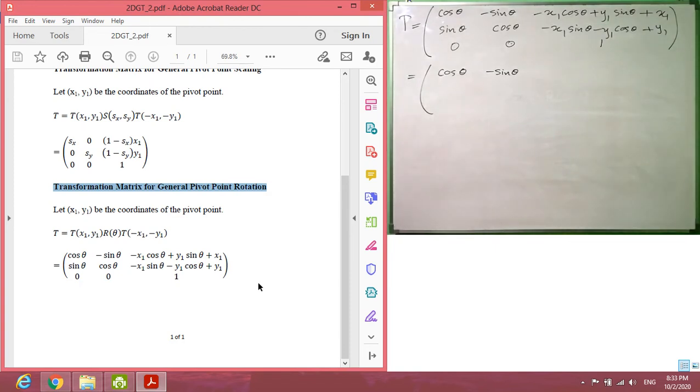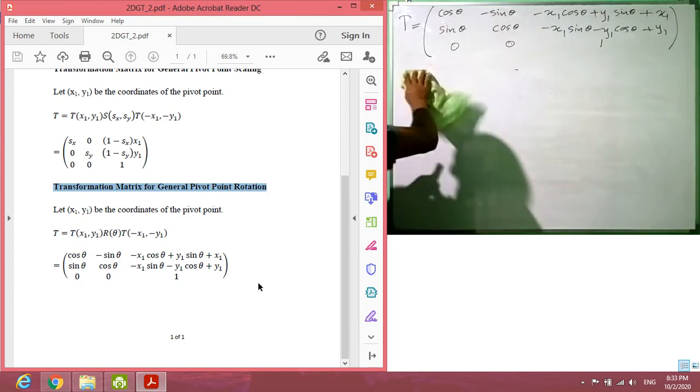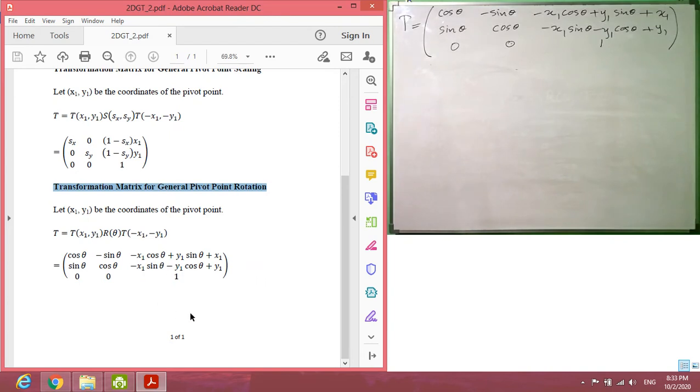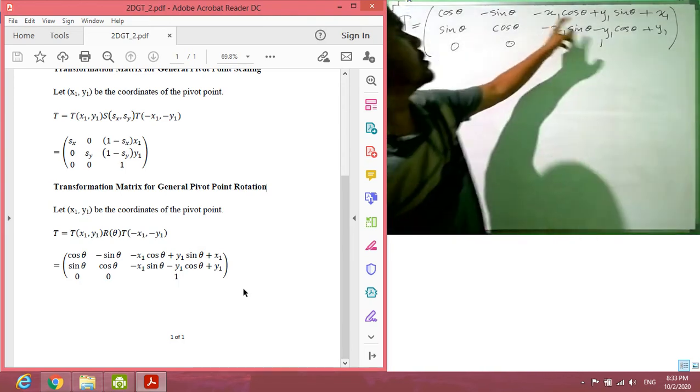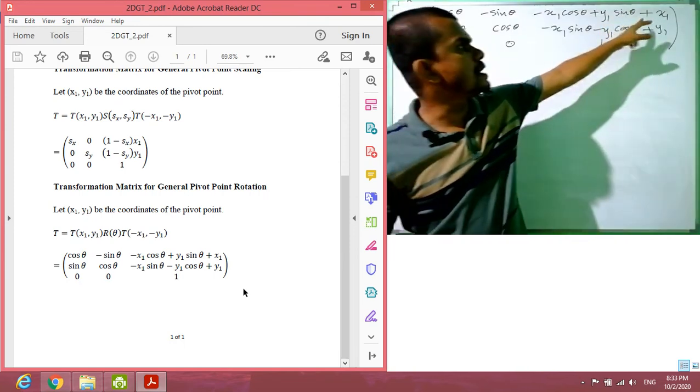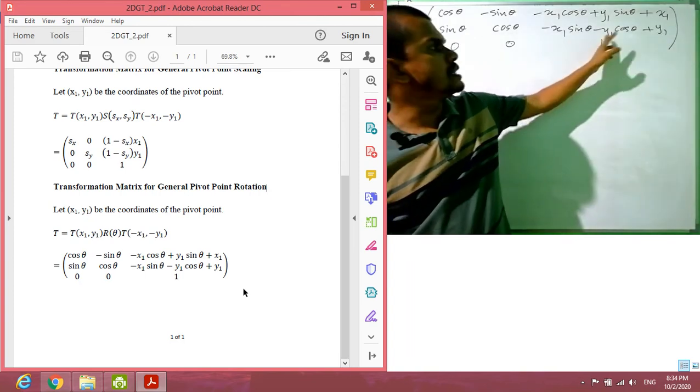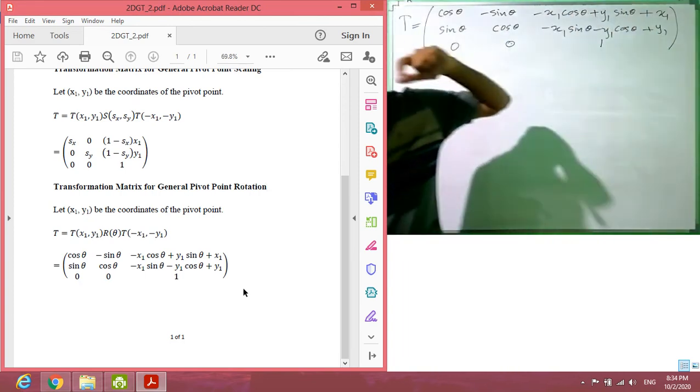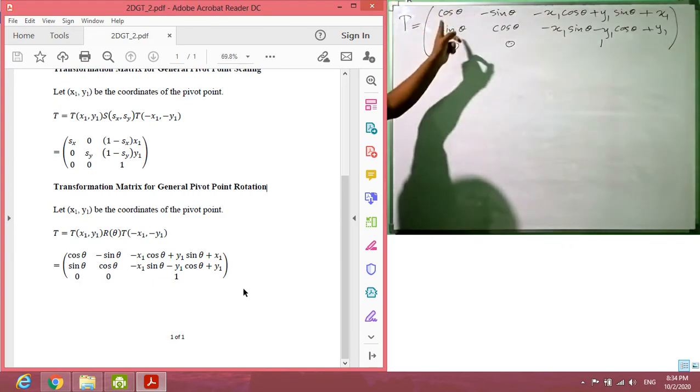Then you get this one: minus x1 cos theta plus y1 sin theta plus x1, minus x1 sin theta minus y1 cos theta plus y1, cos theta, minus sin theta, cos theta.